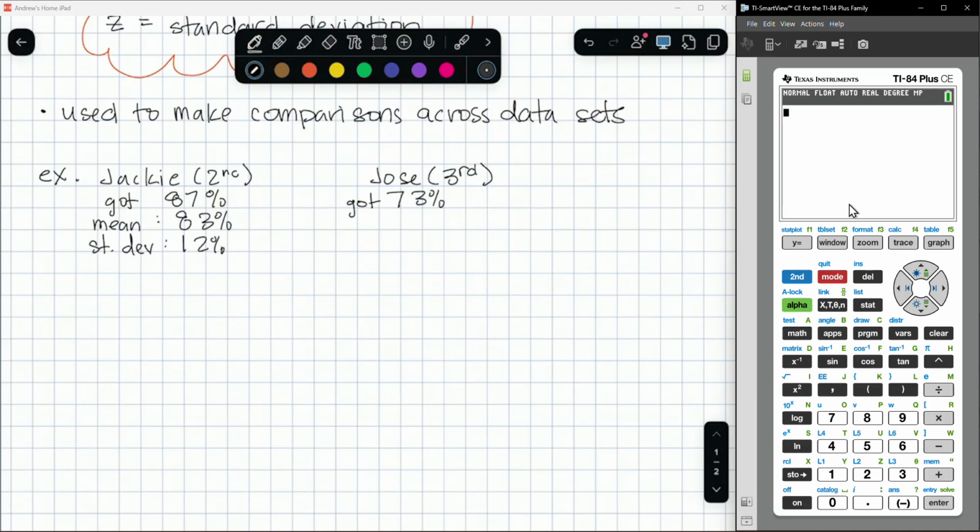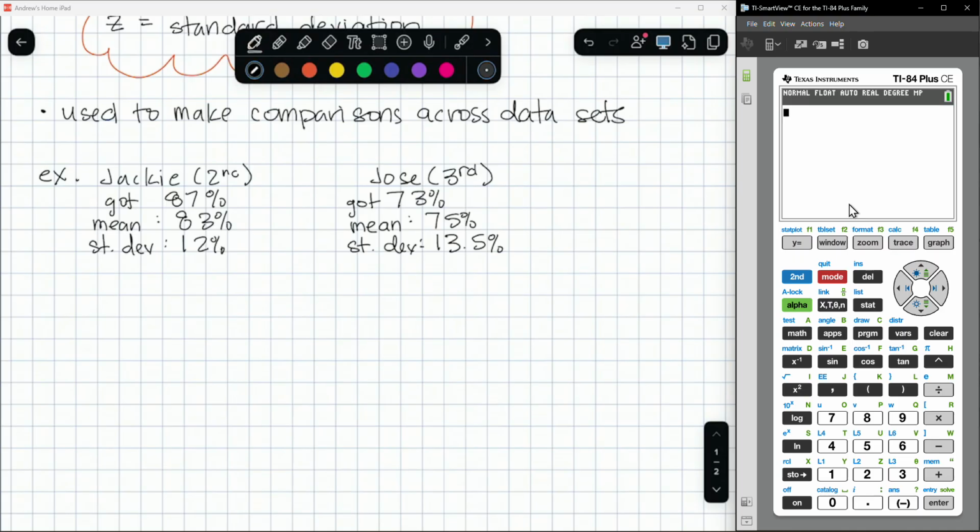In Jose's class, the mean was a 75%, and the standard deviation was 13.5%. And I want to compare how they did relative to the rest of their classes, and once I have those z-scores, then I can compare them to each other.